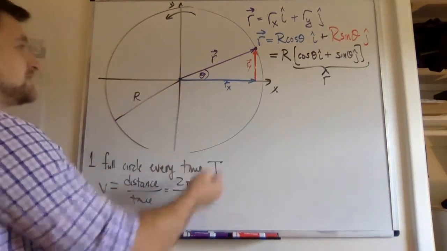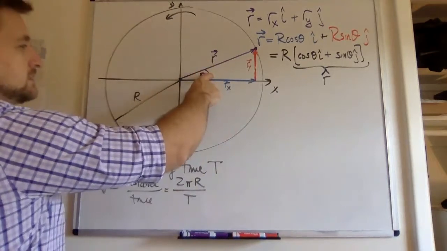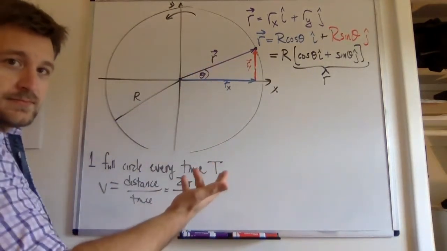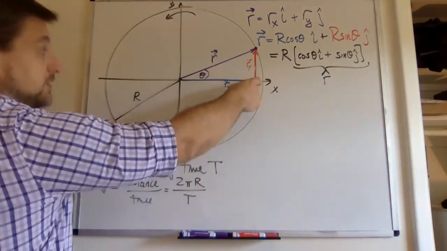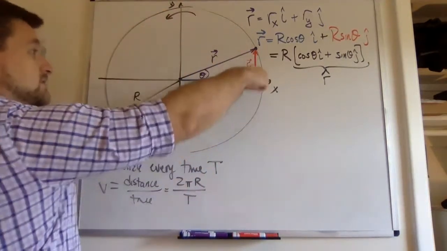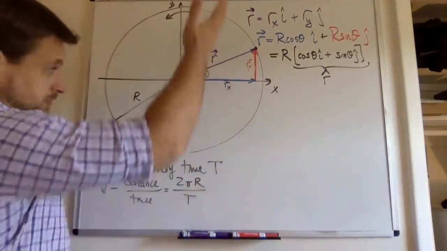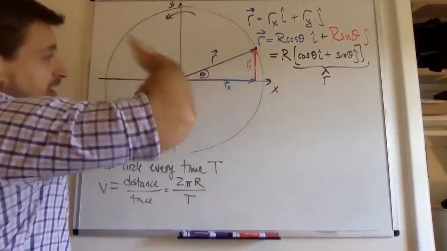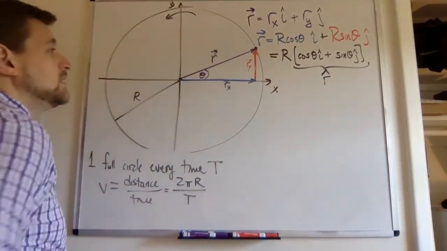As time passes, we move around the circle. So theta is a function of time. It starts, I guess, at theta equals 0 and proceeds so that it becomes 2 pi, and then 4 pi, and then 6 pi, and then 8 pi, as we go circle after circle.